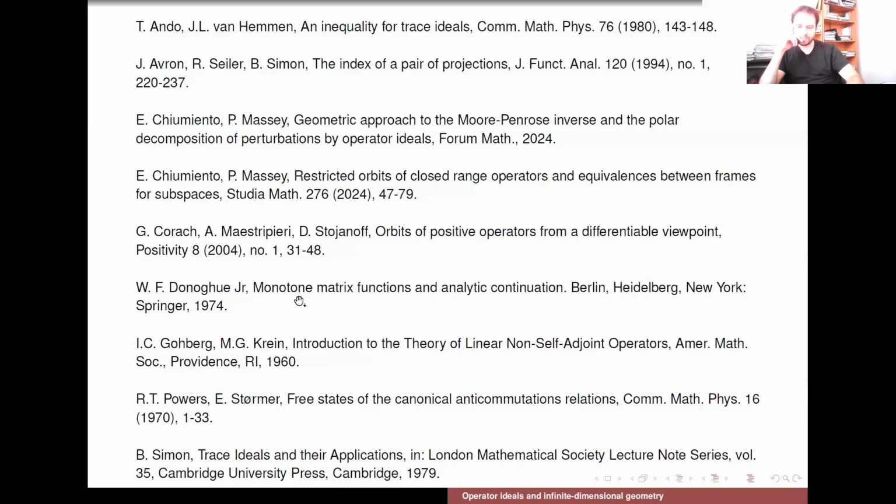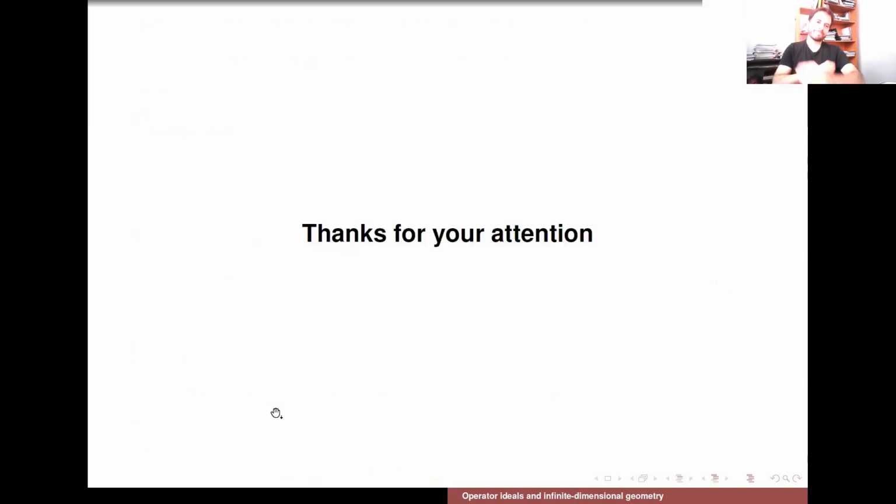The relation between the Schatten p-class and operator monotone functions is described in this book. Also some books about operator ideals, Gohberg and Krein, and Simon, and this is the work of Powers and Størmer. Thank you very much.